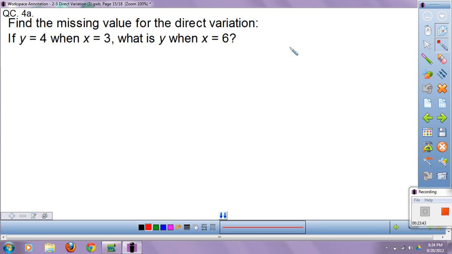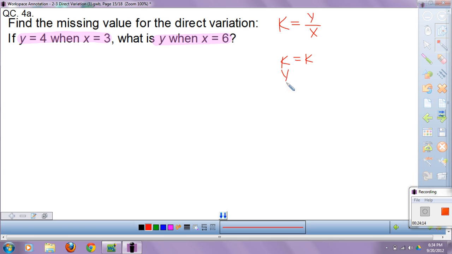All right, again, they've told us, and it's not written here, that it is a direct variation. So since these coordinates are in a direct variation, we know that their k is constant. The k for this ordered pair and the k for this ordered pair is the same. If their constants are equal, that means that their ratio y divided by x is equal.